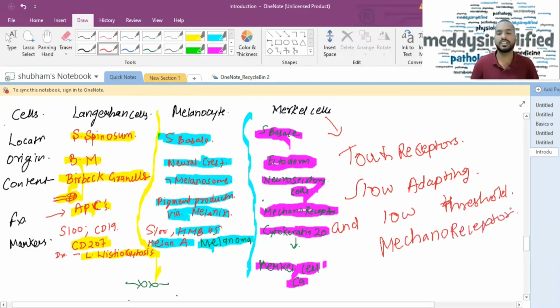So these are the important things we should know about the epidermis, the layers of epidermis, and the cells of epidermis.